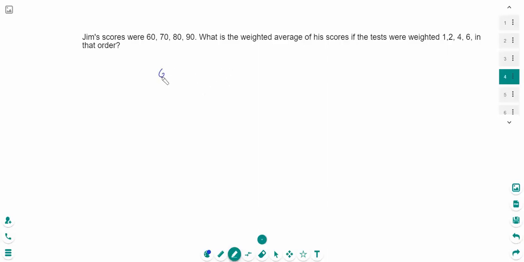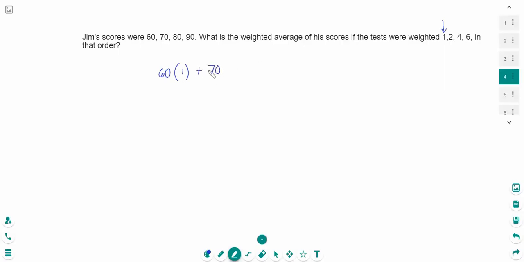So 60, and just to be clear, I'll say 60 is worth the 1, even though I know 60 times 1 is just 60. But that first grade is worth a weight of 1. So we're going to take the 60, multiply it by its weight, which is 1. Then we're going to add the next grade, which will be 70.